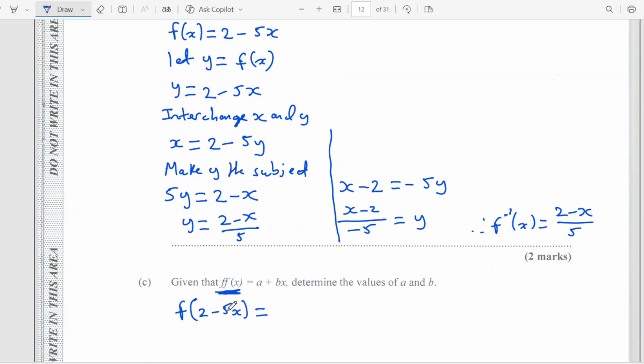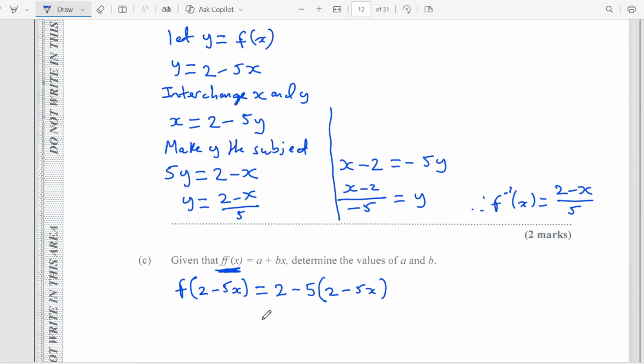So we want to put 2 minus 5x into itself. So that would equal 2 minus 5, and where this x is, we're going to put this entire thing, 2 minus 5x. And then we need to expand brackets and simplify.